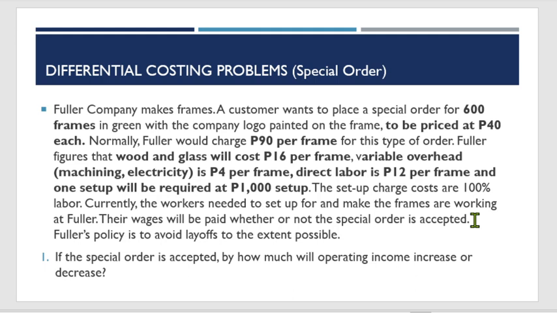Okay, let's analyze. So, are we going to accept the special order related to this?